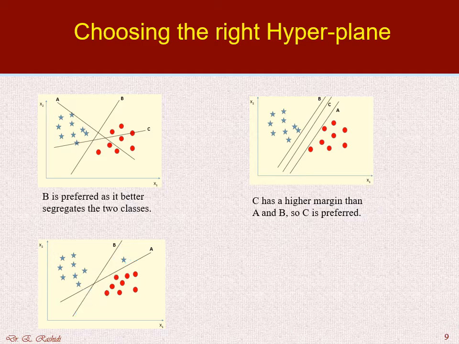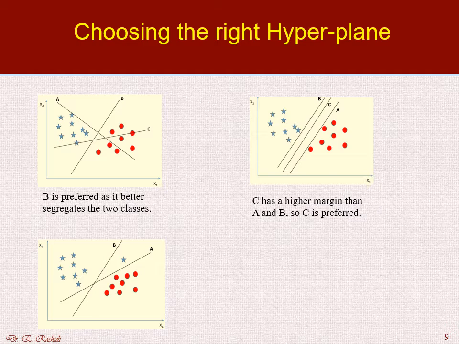However, it misclassifies one of our data points. B misclassifies the star as a circle, and all the other stars are on the other side. So it has classification error, and we want to minimize the classification error. So between minimizing classification error and the largest margin, here we're going to give it to the minimum classification error.